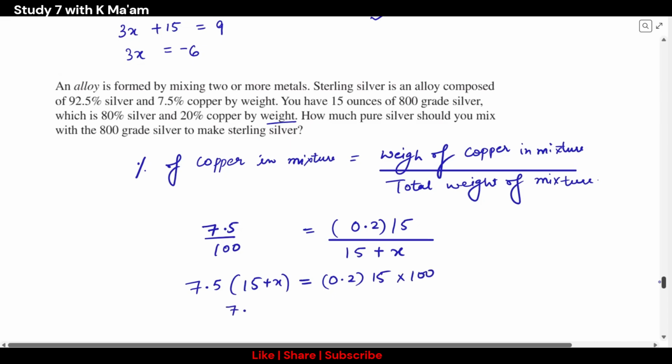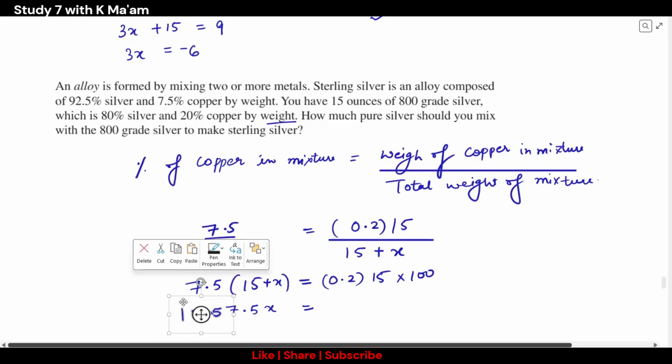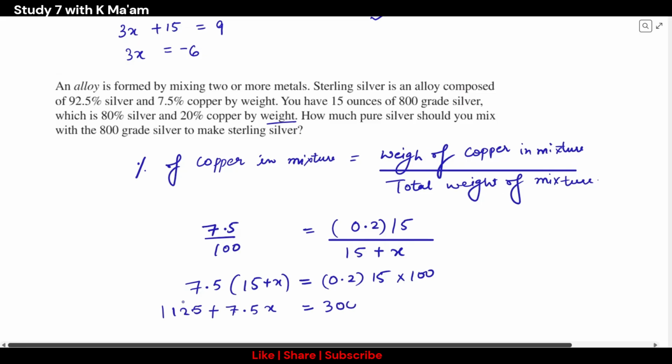This will be 7.5x, plus 7.5 times 15, which is 112.5, equals 300.